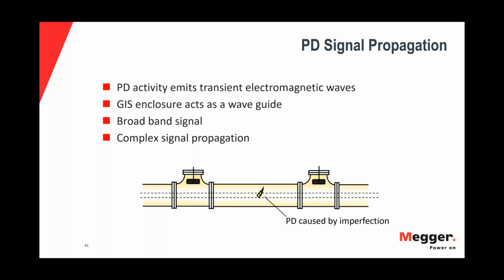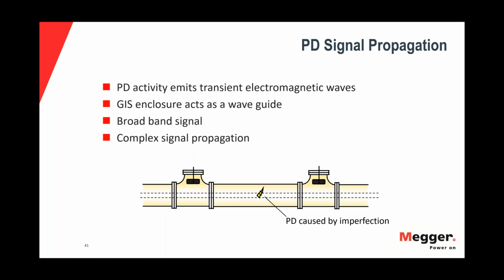The good thing about UHF, along with the GIS enclosure, is that the noise will be much less and not a big factor. You can only measure PD happening inside the GIS rather than noise from outside.